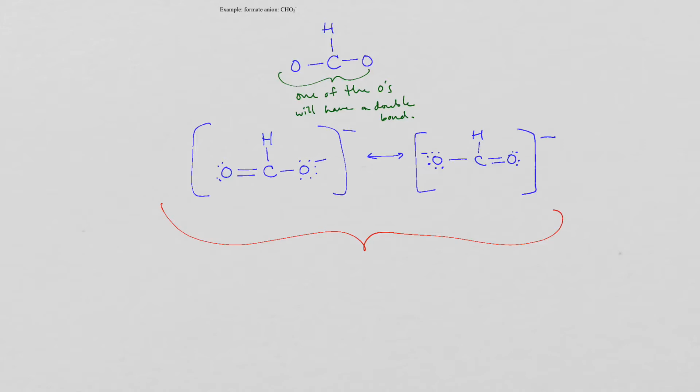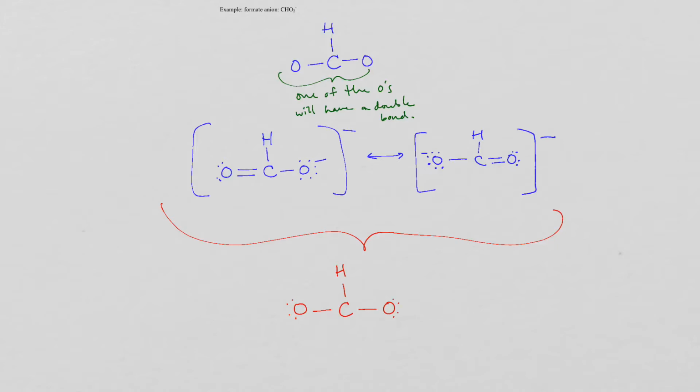However, for a hybrid resonance structure, you just throw down the skeletal structure as normal. And then everything that appears in both structures, right? So in both structures, this oxygen has at least 2 lone pairs. Notice that in this one, it does not have that 3rd lone pair. In this one, it does. So I draw 2 lone pairs on this oxygen. The same is true for the other oxygen.